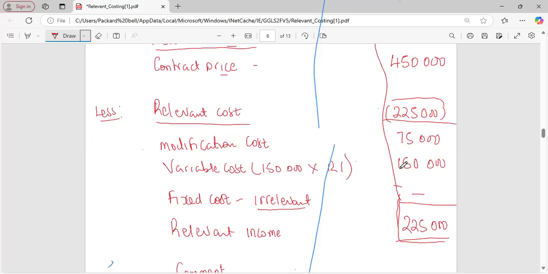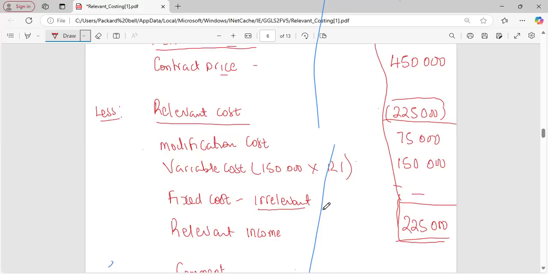So in all your questions, once you identify that you are going to deal with a relevant cost, there is no need for you to compare the relevant cost with the irrelevant cost.